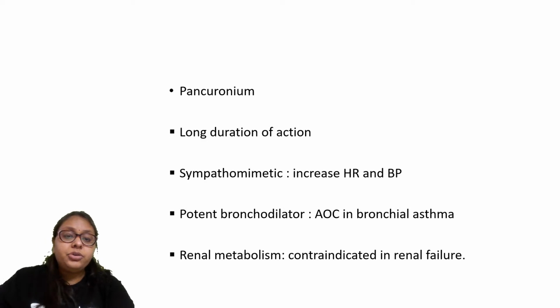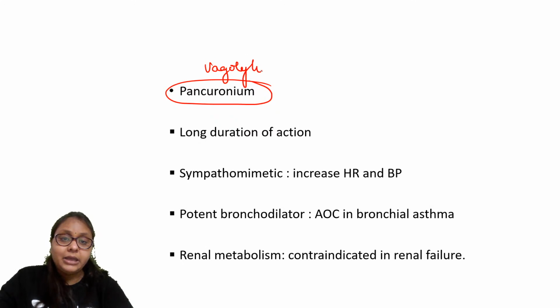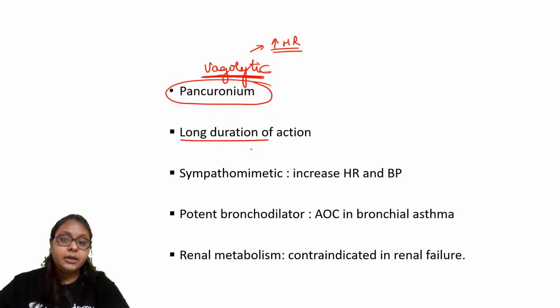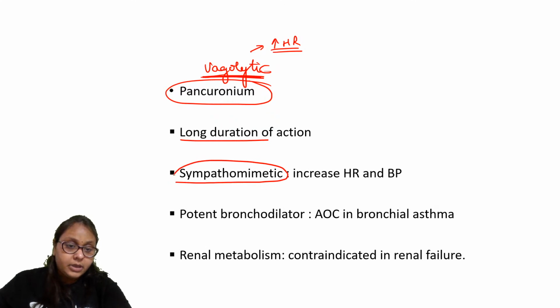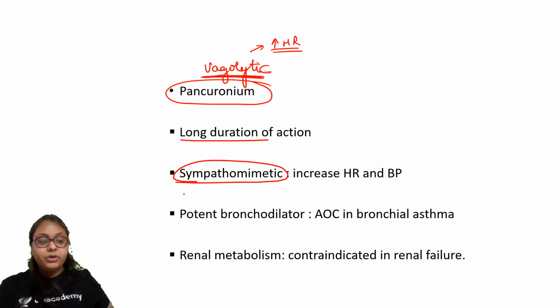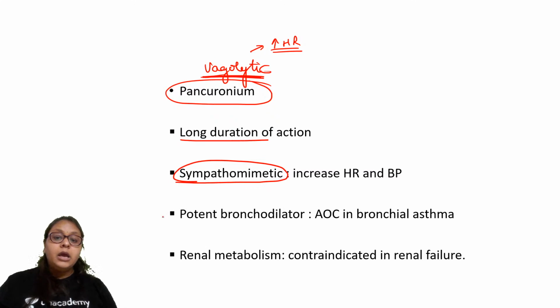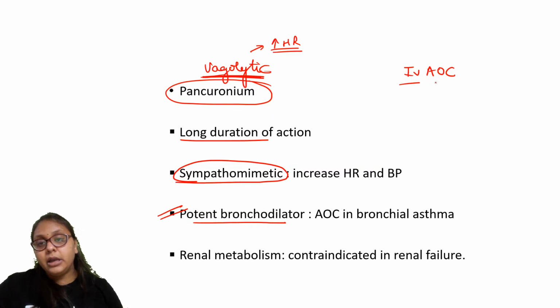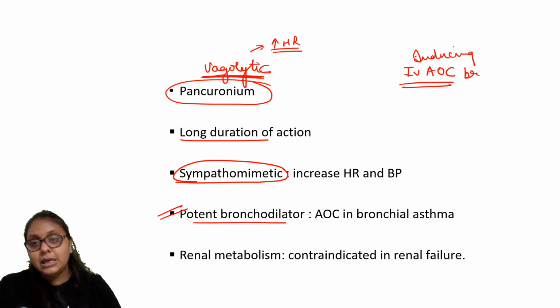Okay. Pancuronium, I told you, is steroidal and has vagolytic action. What do we have to remember with pancuronium? Vagolysis, because of which heart rate will increase. So it has long duration of action, but it is sympathomimetic, isn't it? Vagolytic and sympathomimetic, therefore it increases heart rate and BP. Remember, it is a potent bronchodilator. What is the intravenous inducing agent of choice in bronchial patients? Yesterday I told you.